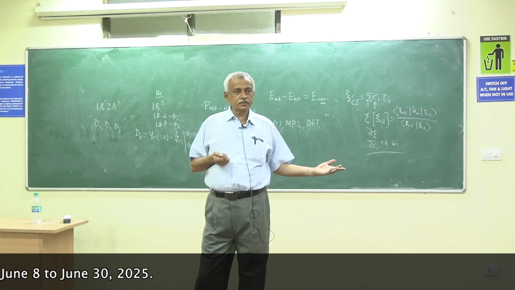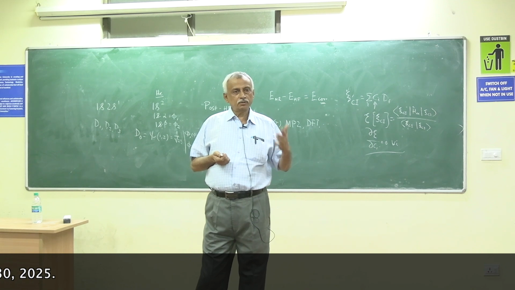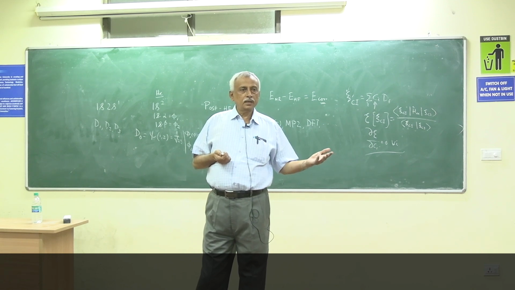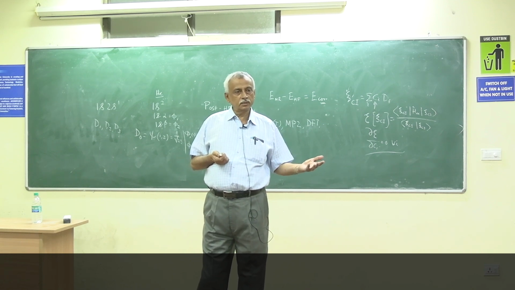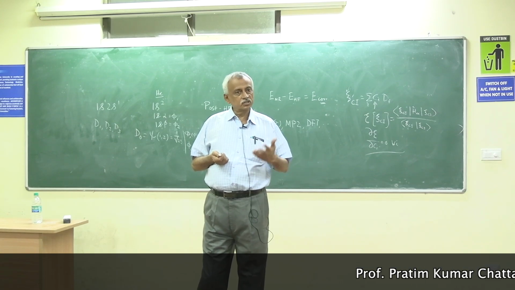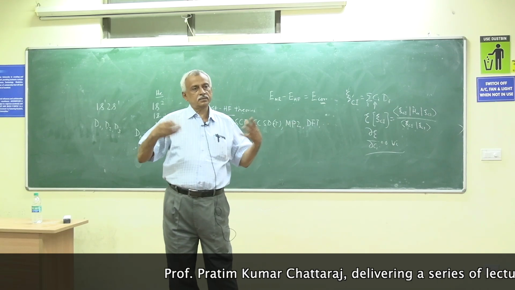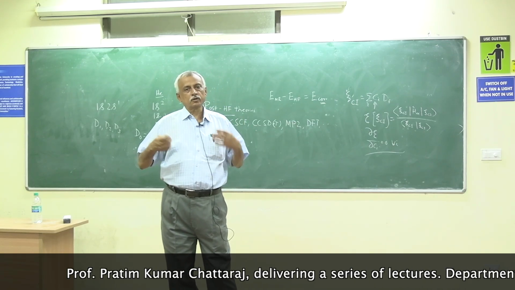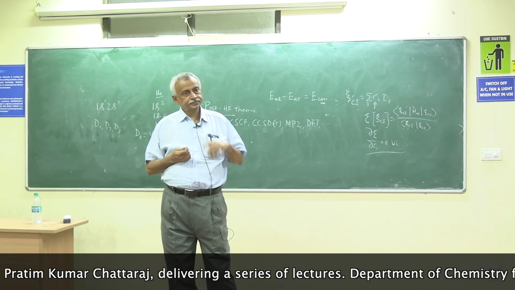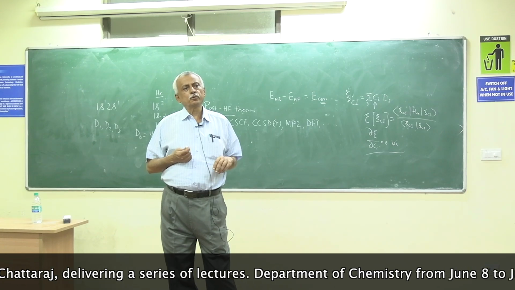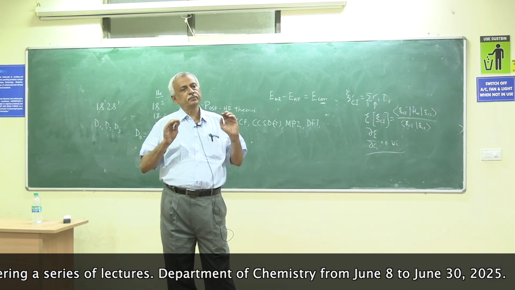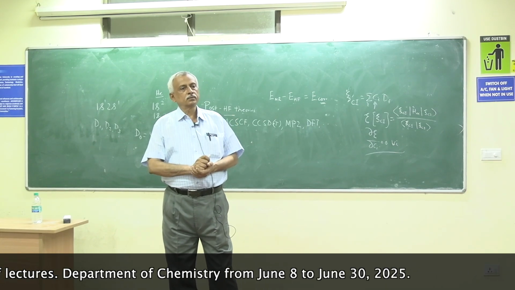Then you go to Hartree-Fock theory where both Pauli antisymmetry as well as electron-electron repulsion are there, but correlation is not there. In order to incorporate correlation, you have to bring in the interaction between all possible configurations. So you go for post Hartree-Fock theories where the energy would be very close to the exact non-relativistic energy.